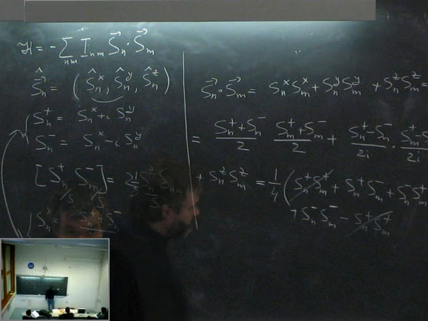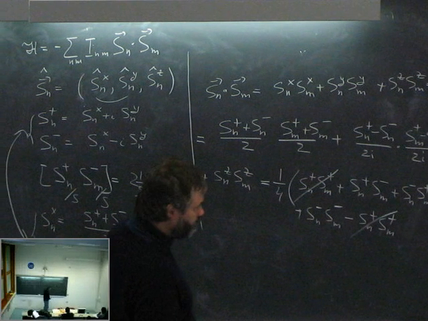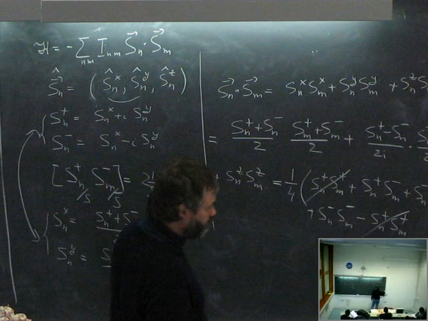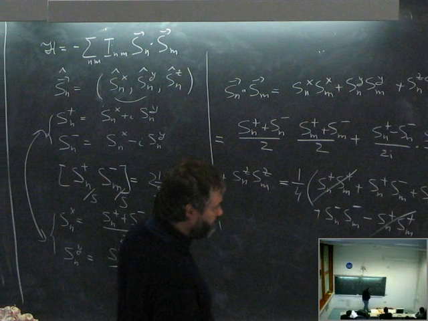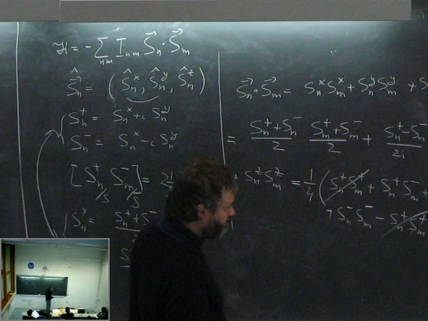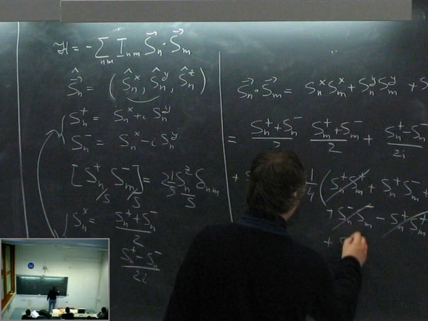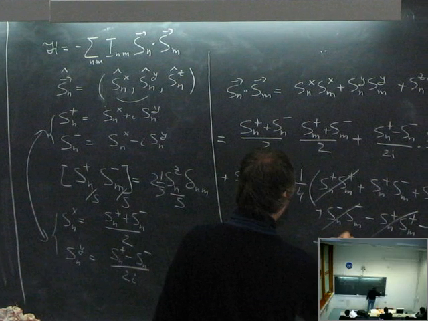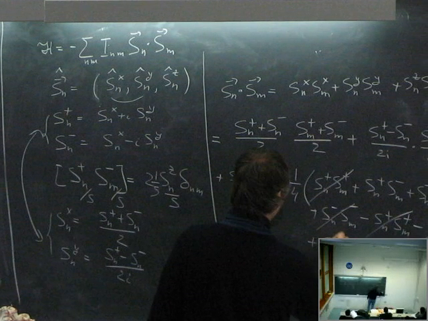You see it kills the term, minus S_n^- S_m^-, it kills this term, but the cross terms, since they contain an additional minus, they survive. So plus S_n^- S_m^+ plus S_n^+ S_m^-.